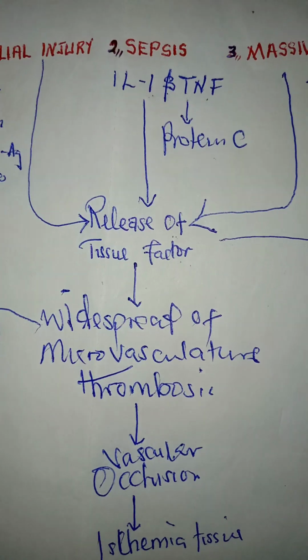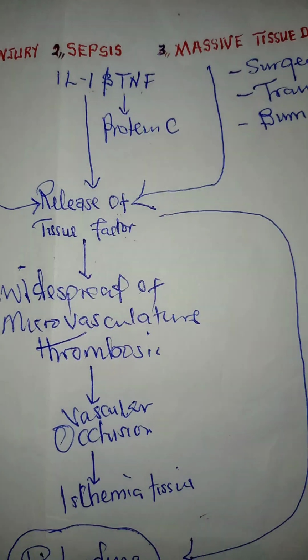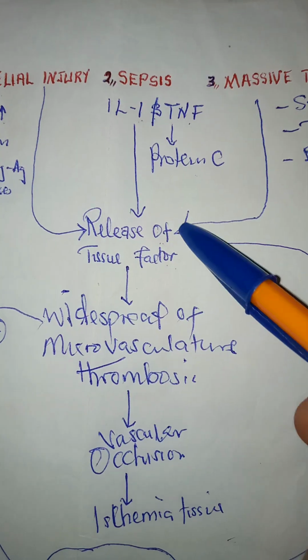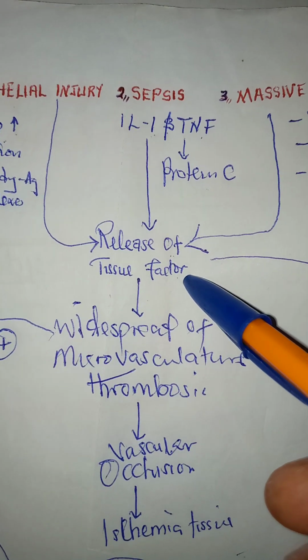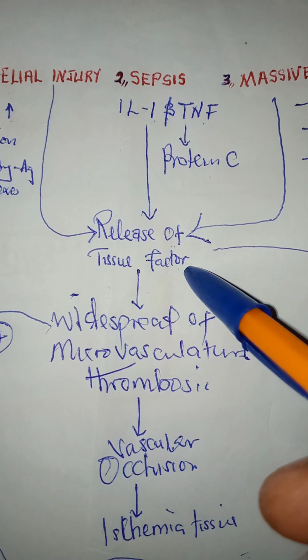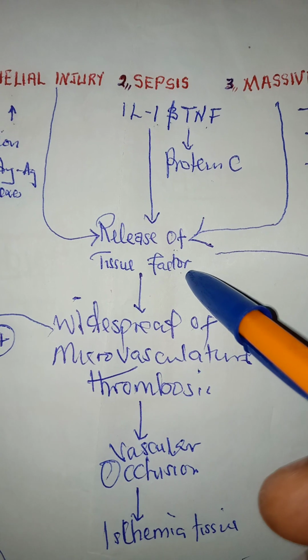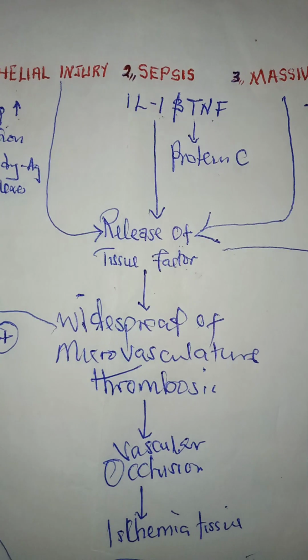But what is the whole response of these? The whole response is that they are going to result in the release of tissue factor. Now, I have already explained how tissue factor leads to clot formation. It combines with factor 7, and then those two form a complex.